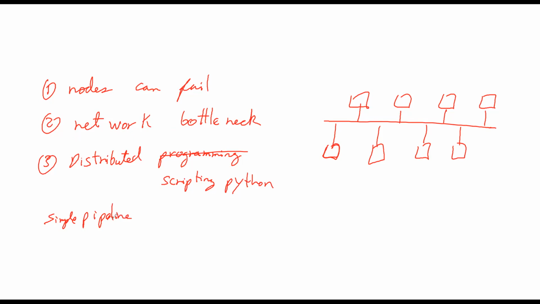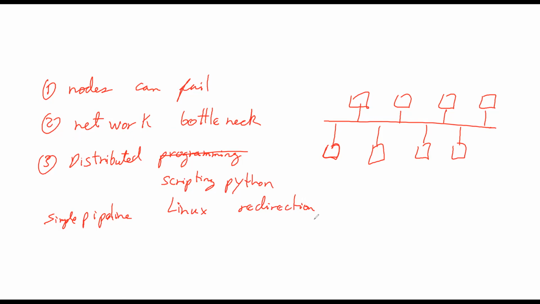And now that we've talked about it, again, remember you're a sysadmin at Google or Amazon back when they were developing this. And so you've thought, okay, nodes can fail, the network's a bottleneck, and we need some kind of a distributed scripting Python environment. One advantage of Linux, though, is that you learn redirection.